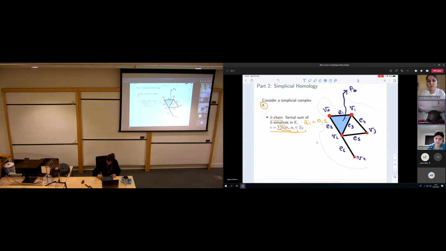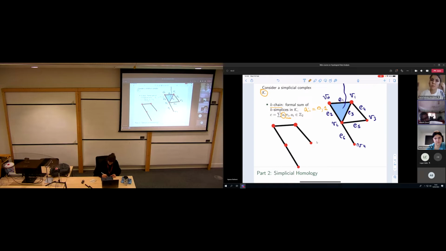If this is our simplicial complex, for example, this thing here is a chain, okay?